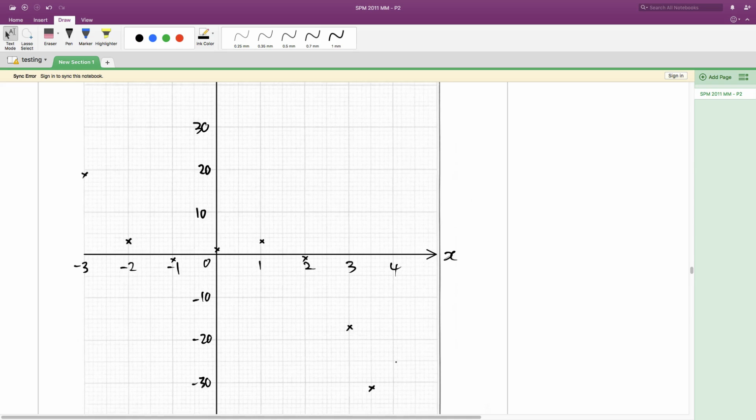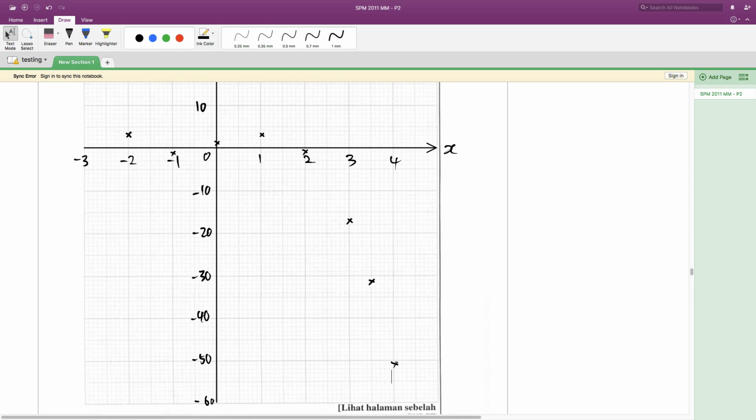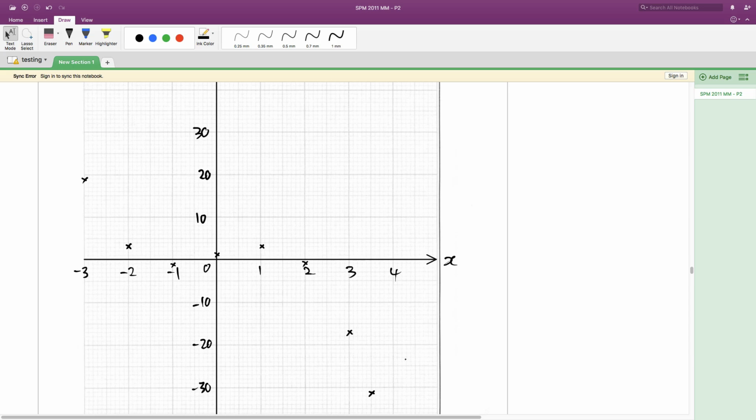And then after you plot this one, you just connect it. I hope my connect is good. I try my best. Trying to connect it as good as possible. Oh my god. Yeah, maybe I connect it again.